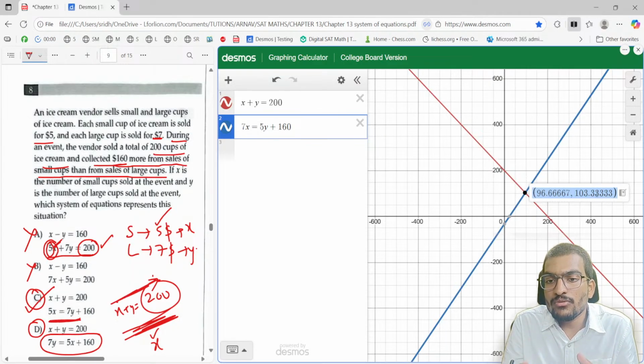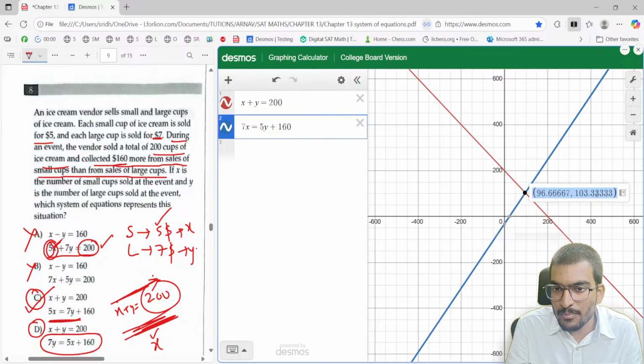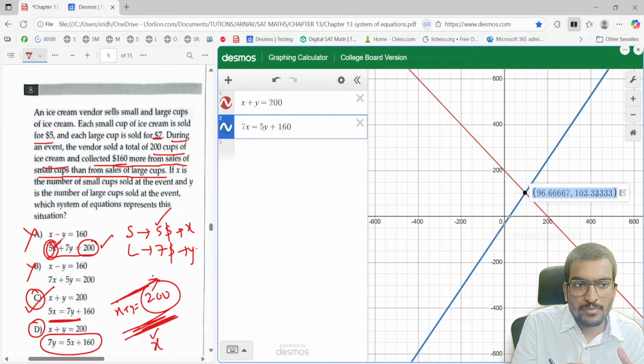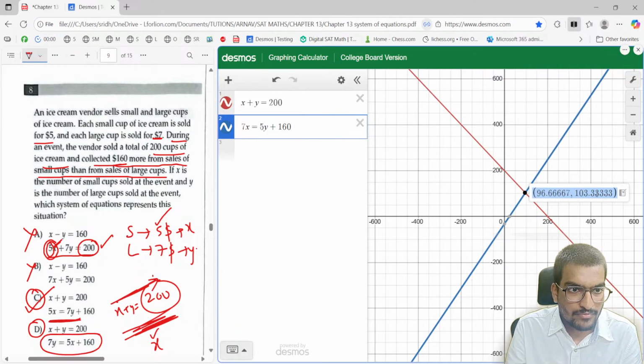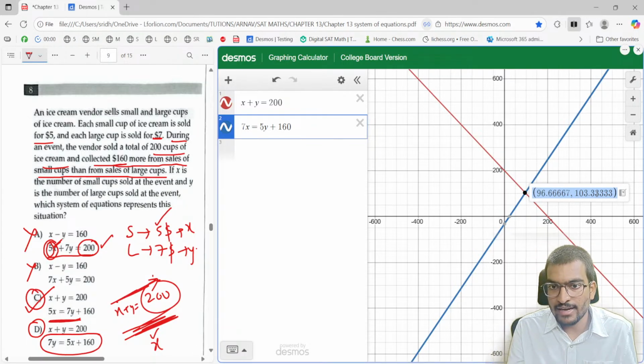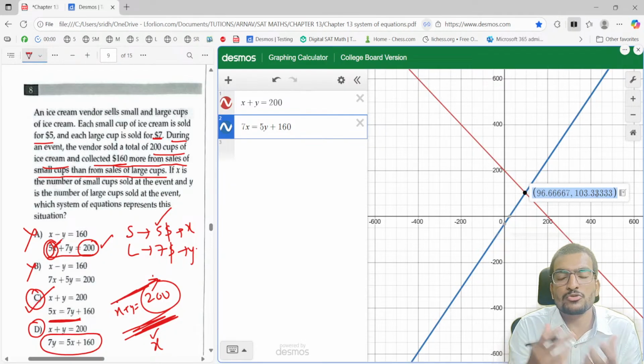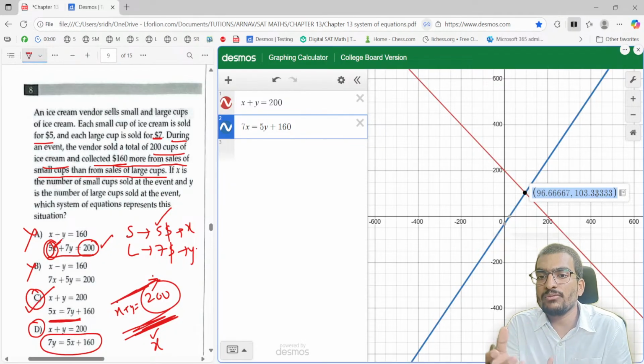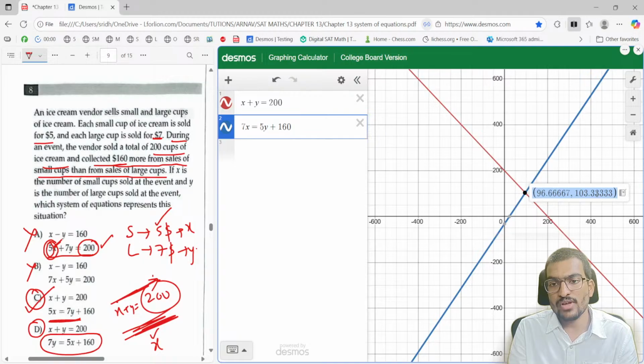How can we give somebody a small cup of ice cream in decimal format, like a half or 3/4? We don't give it like that. We give a full cup. One small cup is $5. How can you deal with this 0.6 and the like? No, we don't do that.